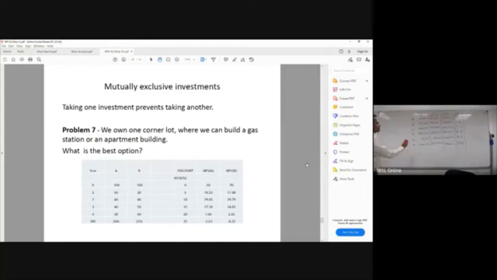I'm erasing this. When you are doing project evaluation, you get a project with IRR 24% and another with IRR 21%. Which project do you think is better?